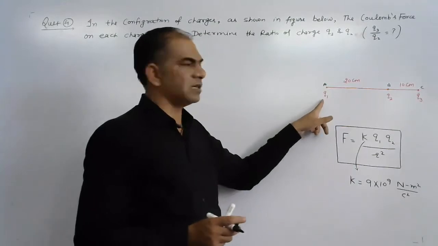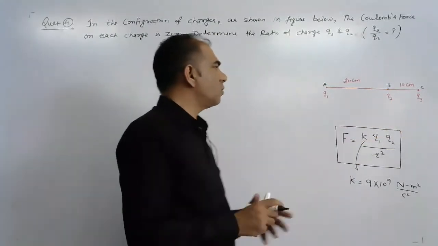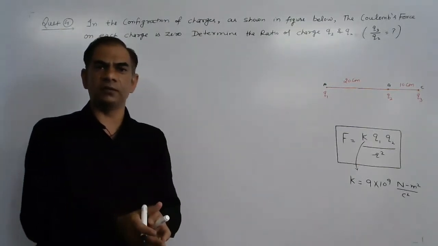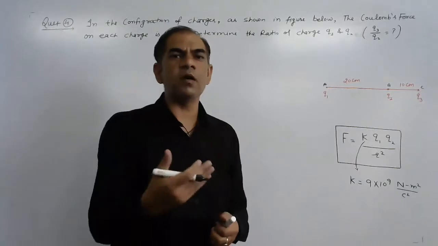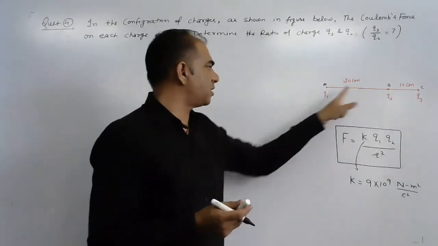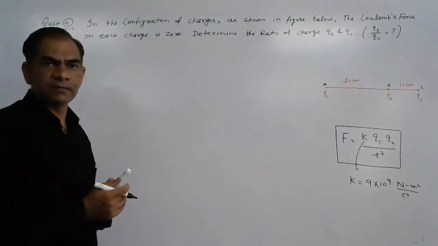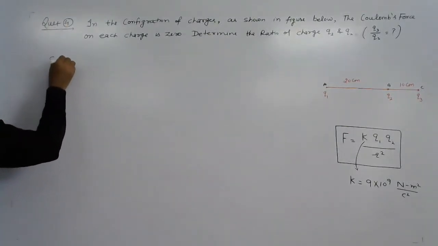Similarly, Q3 charge also exerts a force on Q1. So in this question we calculate the net force on the charge Q1. Then the net force is the sum of the two forces, exerted by Q2 charge and by Q3 charge. In this way we can calculate the solution.